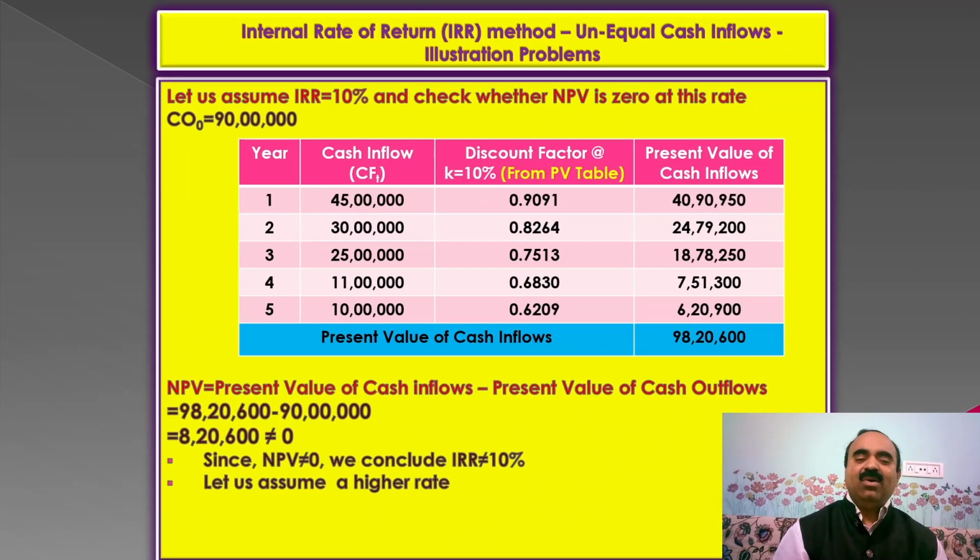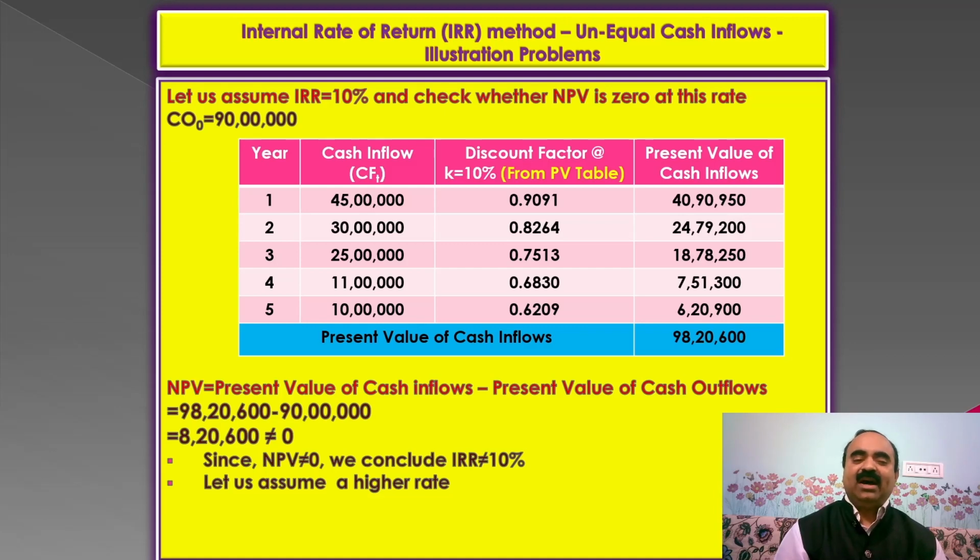Let us now assume IRR as 10% and check whether NPV is 0 at this rate. I had shown CO0 is equal to 90 lakhs on the top of the table. I had used a 4-column table for finding the present value of cash inflows at a discount rate of 10%.